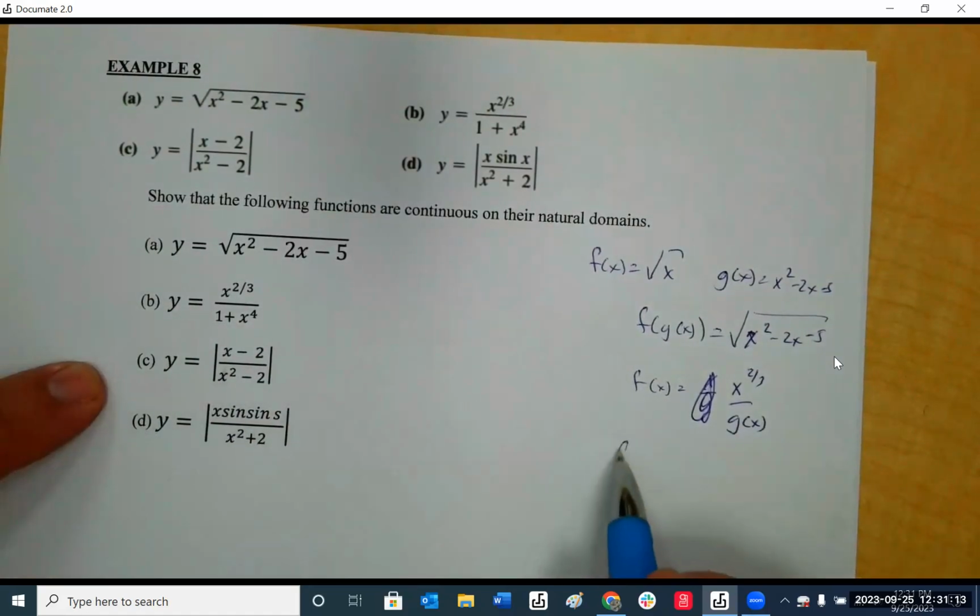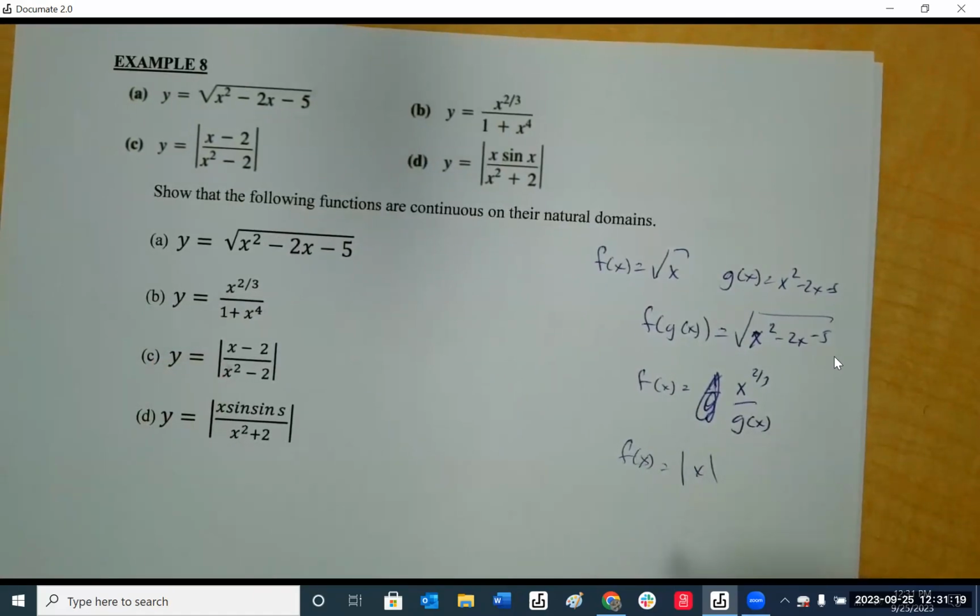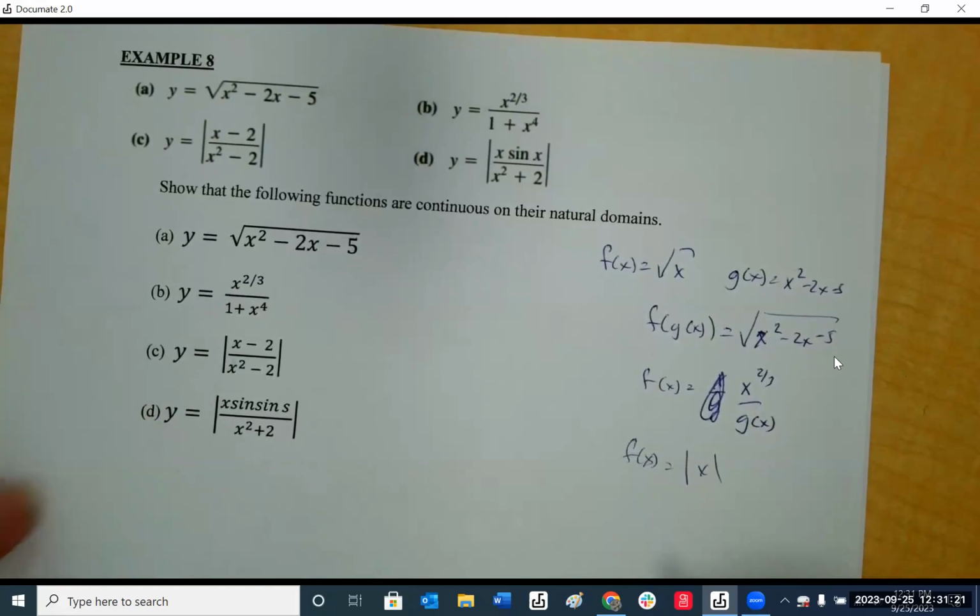Same thing here. f of x is the absolute value of x, and g of x is that inside there. And so we break them apart for their natural domain. The domain of the result will be the domain of the smallest part of the functions.